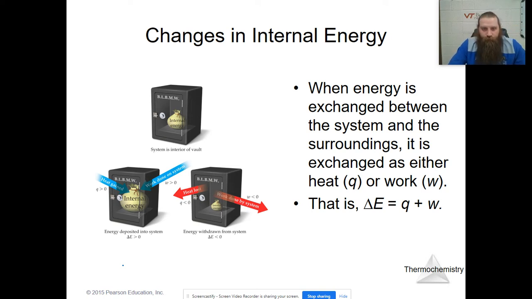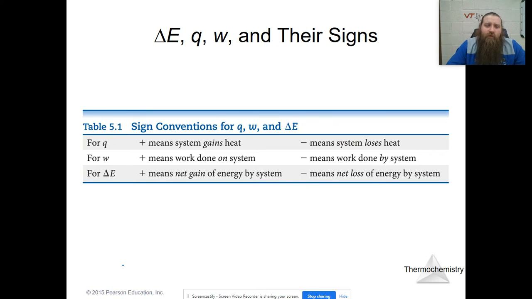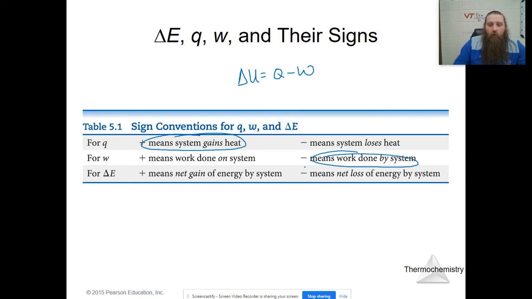All that good stuff. Now, when you look at the signs, you want to know what the sign conventions mean. So for Q, if you have a positive Q, the system is gaining heat. If you have a negative W, it means the work is done by the system. So that first equation that I showed you, delta U equals Q minus W, is saying the system is gaining some heat from the outside and it's doing work, all right?